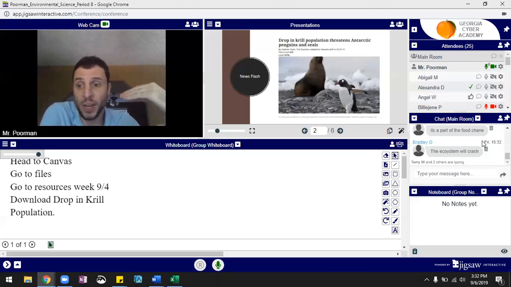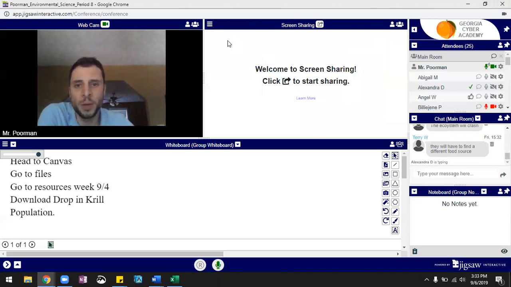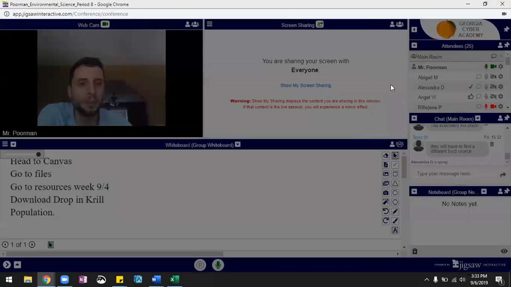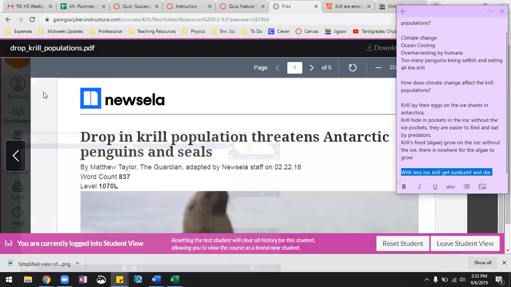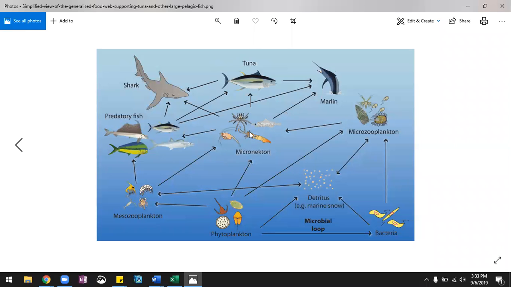They eat pretty much anything that they can get. Here, I'll go ahead and do a screen share with you. When you have the organisms, it's zooplankton, because that's what krill are. They're these zooplankton down right here.